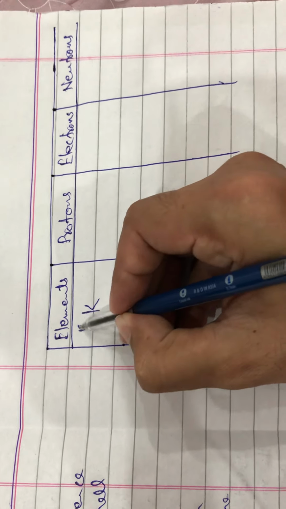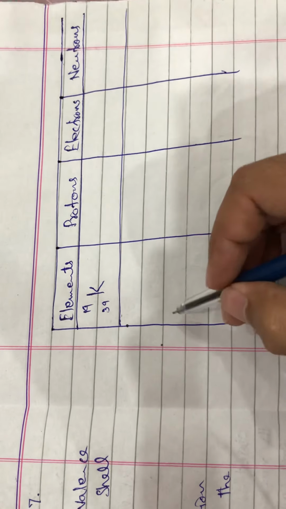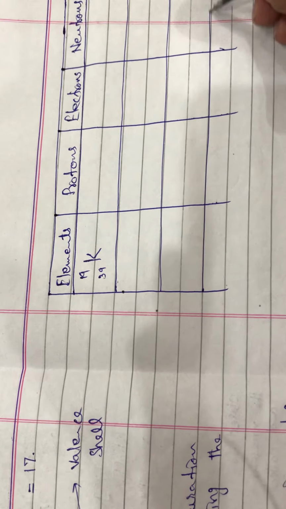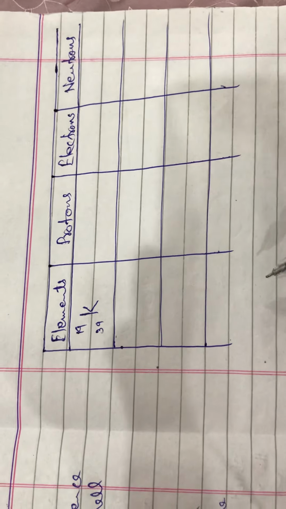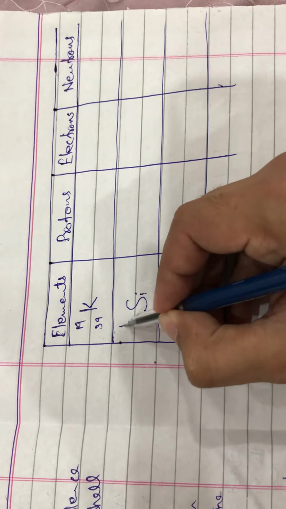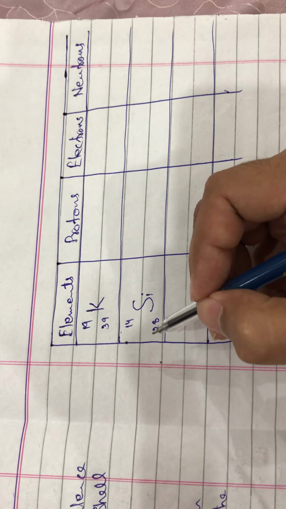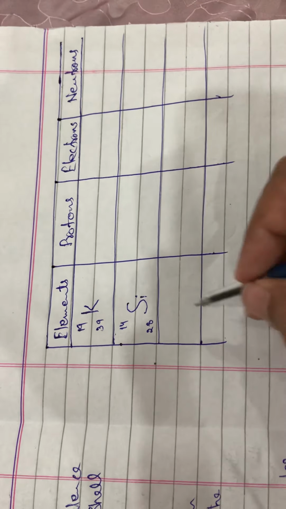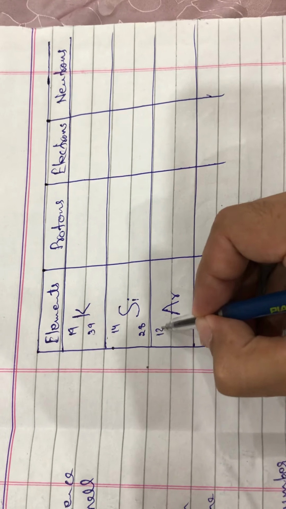Firstly, 19 into 39. We can take three examples. The second one is silicon, that is 14 into 28, and the last one is argon, which is 18 into 40.